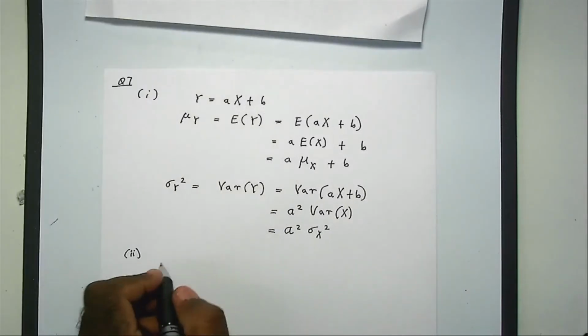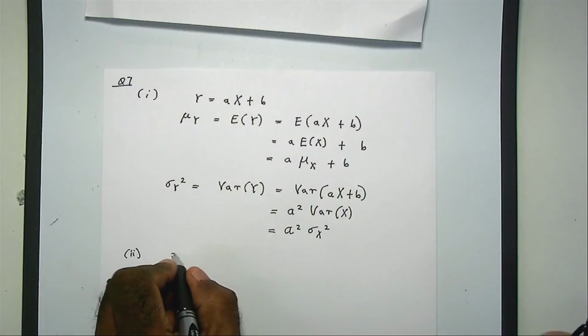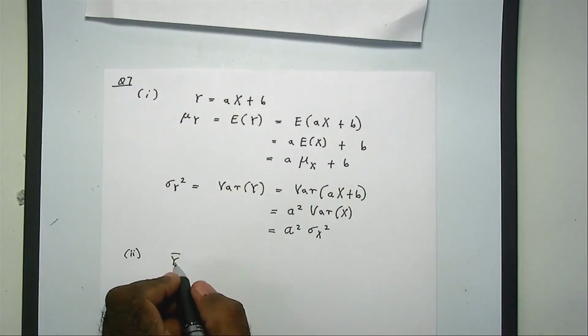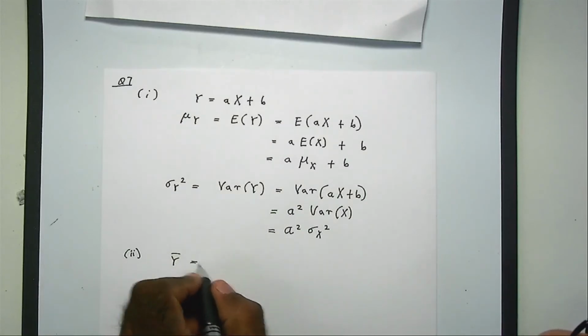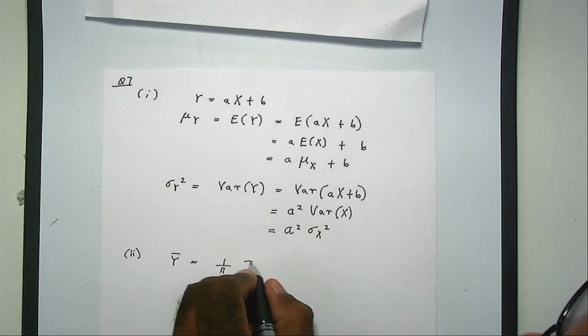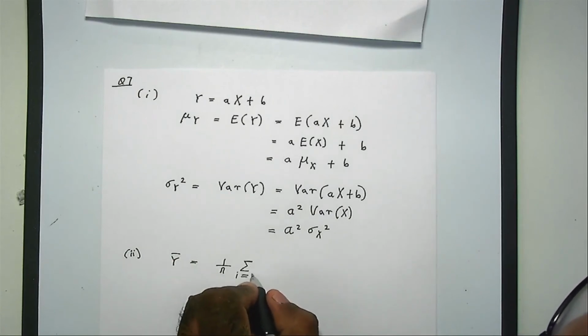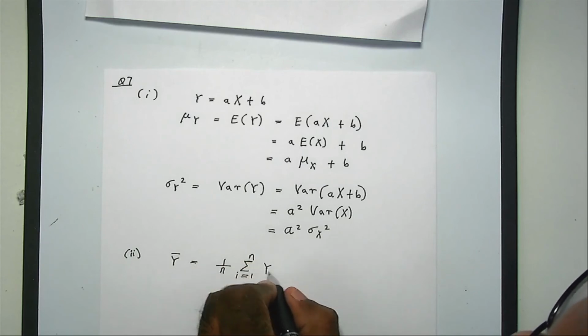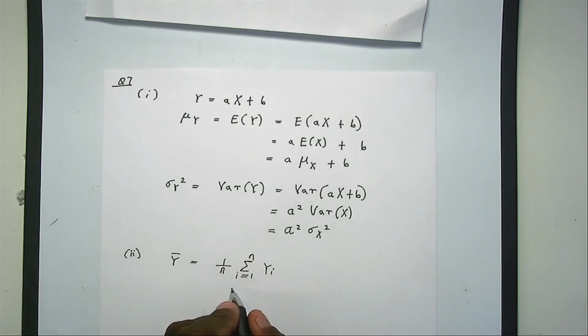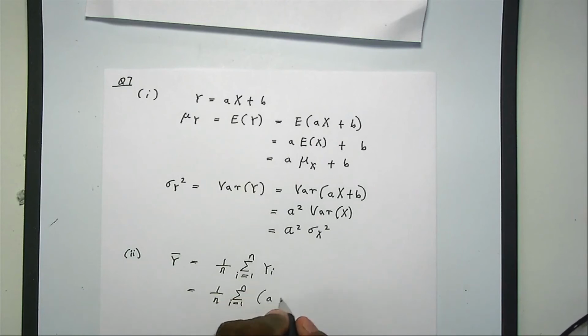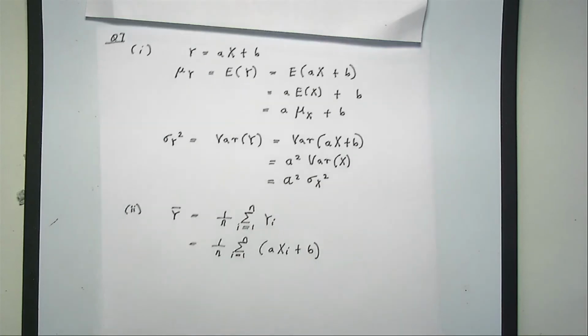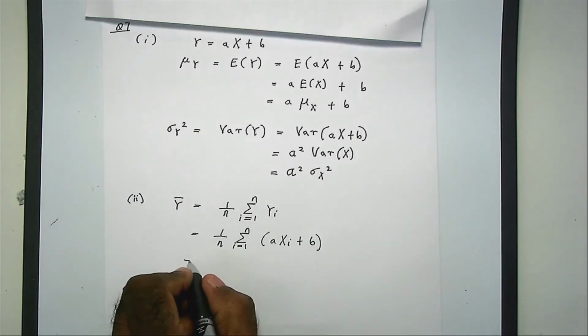So let's start with the y bar, the sample mean for the y's, which by definition is 1 over n times the sum of y_i. We know that y_i equals a x_i plus b, so we should take the sum inside.